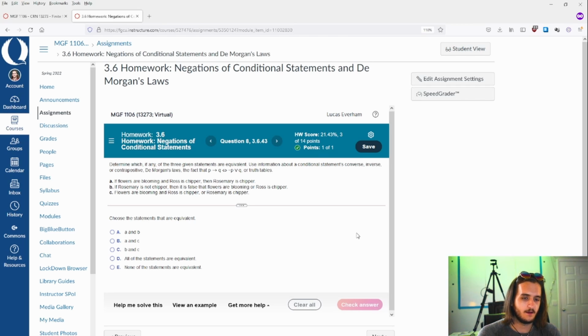Then finally, flowers are blooming and Ross is chipper or Rosemary is chipper. So that is P and Q or R with a parenthetical around the conjunction. So nothing at all with conditionals there.